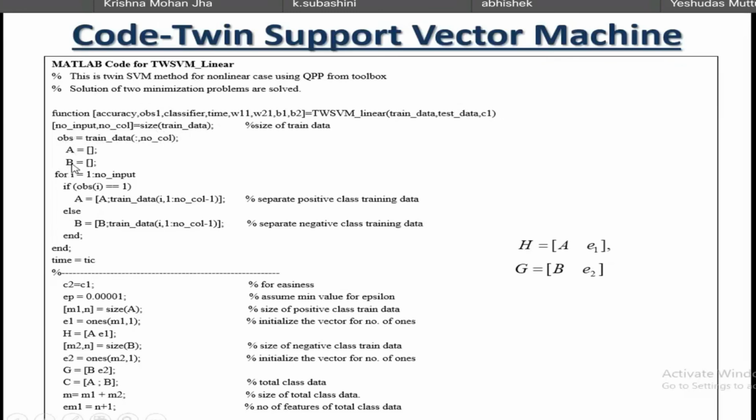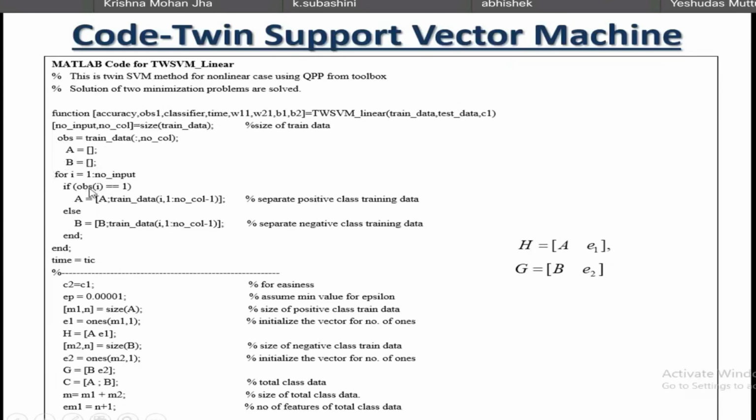A and B we assume are initially empty. I told you A is for the positive class samples and B is for the negative class samples. So how can you separate all the positive class data points into A and all the negative class data points into B? This for loop lets you do those things.